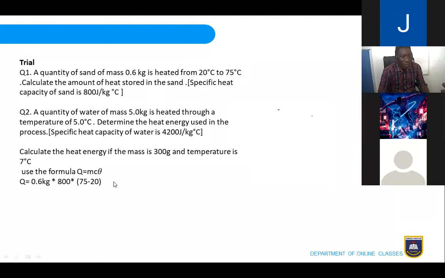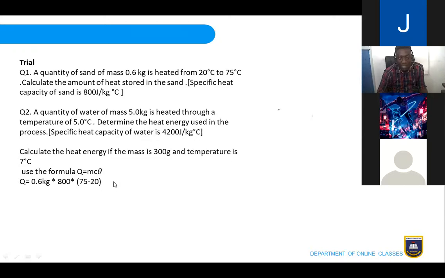But the third one, you have to change the 300 to kilogram. So you divide it by 1,000. 300 divided by 1,000 gives the kilogram value, so it's going to be 0.3. So the mass is 0.3 kilogram.